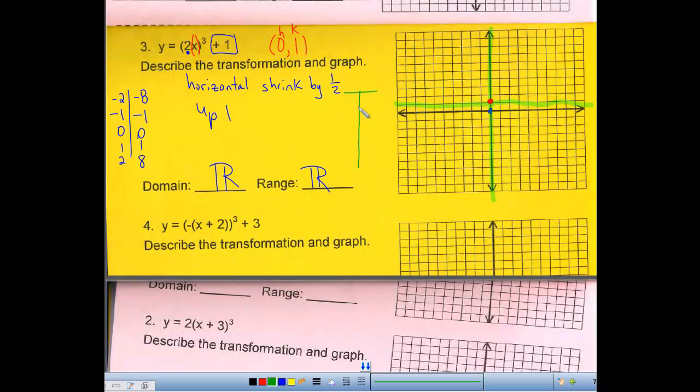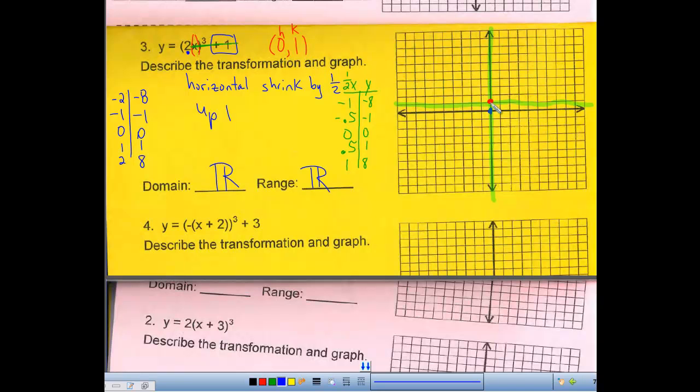So let's get our new points. Each x is being multiplied by 1/2 because it's horizontally shrunk by 1/2. But I'm not doing anything to y. So all I need to do is multiply all the x's by 1/2. And now let's plot these points.